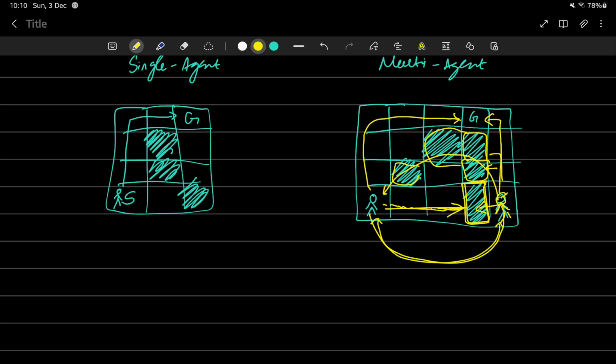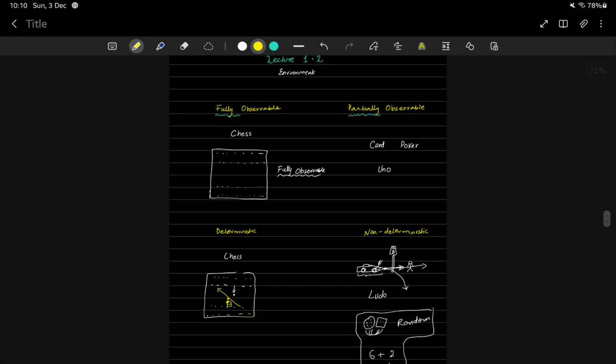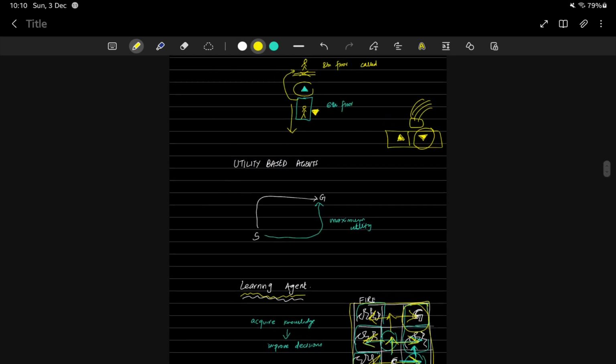Now let's talk a little bit about why do we even care, right? So think about this. We have to be extremely careful when designing our agents about which specific environment type our world is.